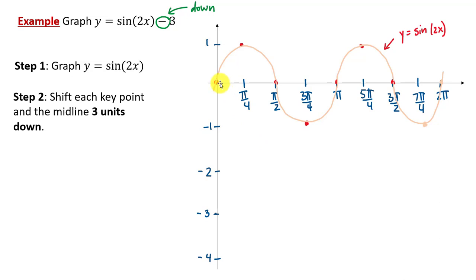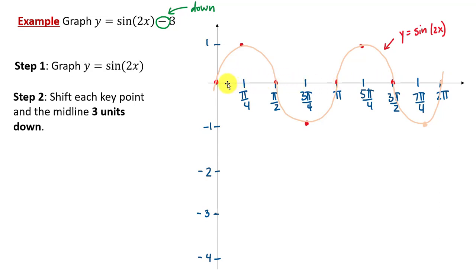So what we do, we take each key point of this graph, and the key points are zeros, minimum and maximum points, and we shift them 3 units down. So basically this graph is not going to change its shape, it's just going to be positioned lower. And to help us hold the shape of this graph, we're also going to shift the line that's called the midline.